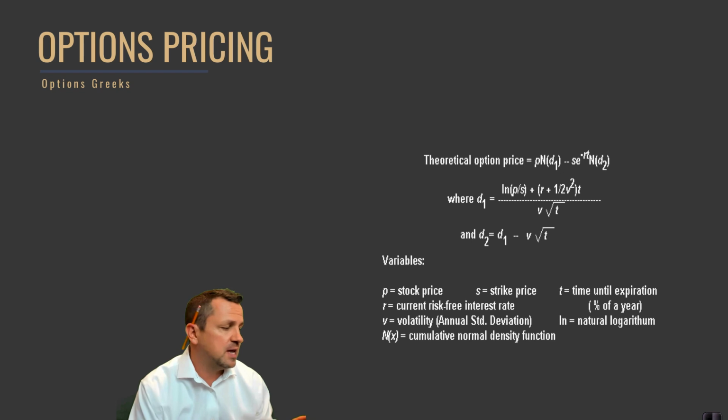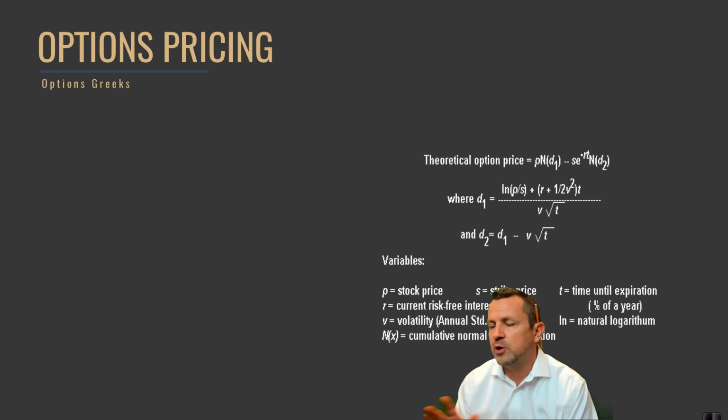And as you can see, you've got a pretty fancy formula, and then you have a handful of variables: P for the stock price, S for the strike price, T for the time until expiration, R for current risk-free interest rates, V for volatility, annualized standard deviation, and they got a normalized cumulative density function and natural logarithm, and all these fancy math functions that go into the options pricing model.